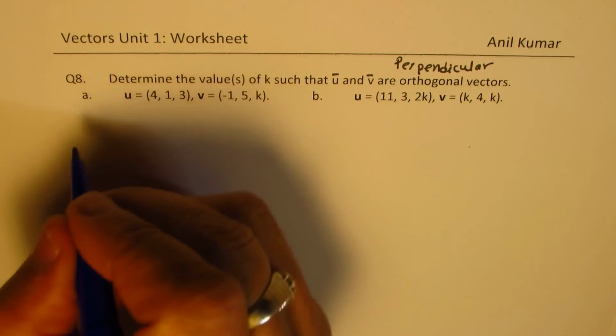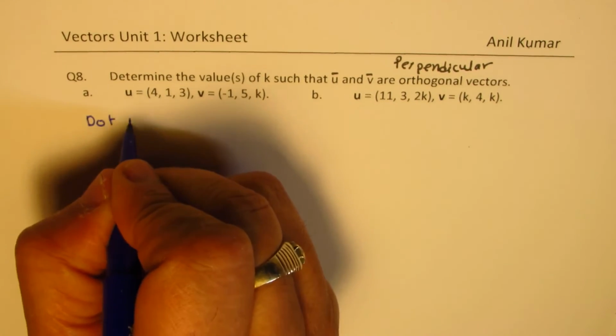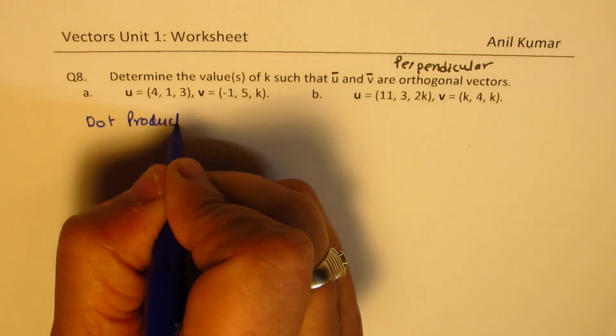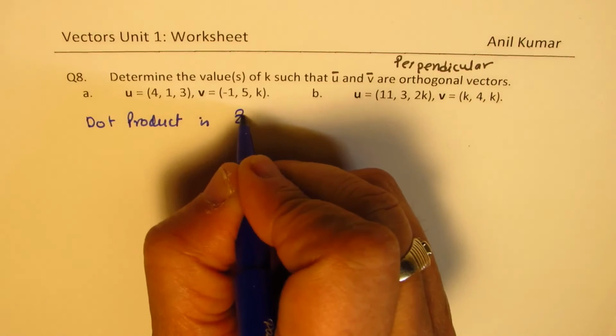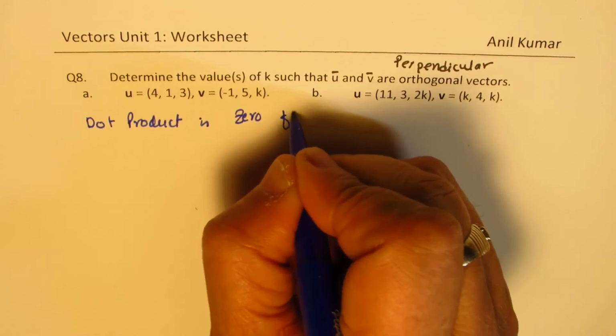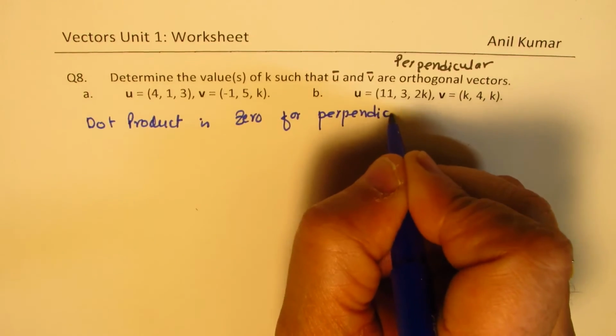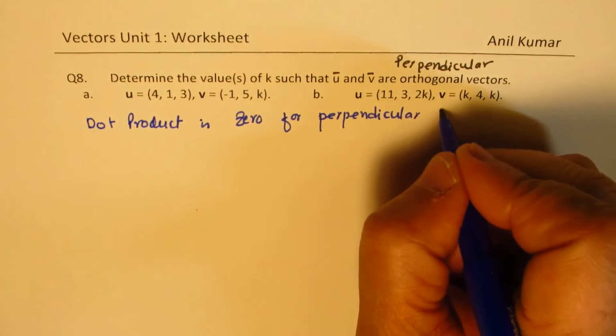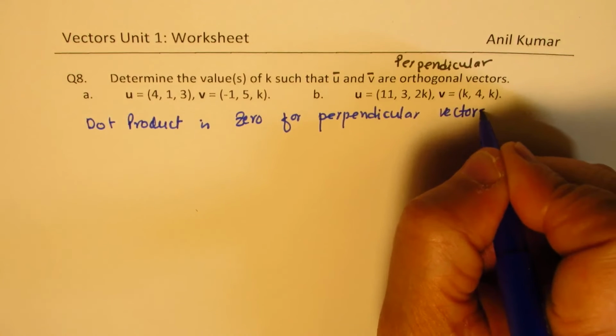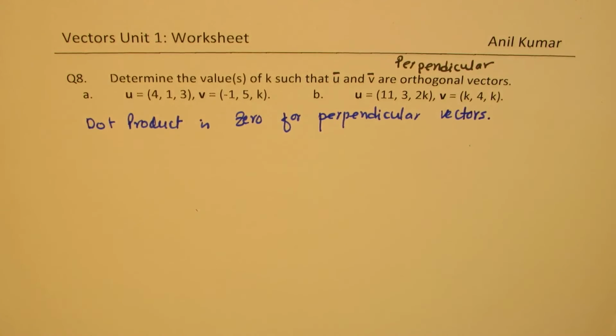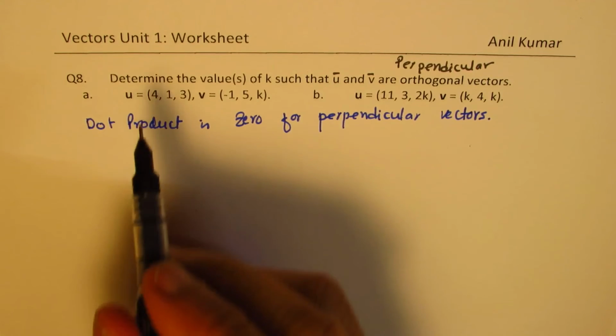So that's a note: dot product is 0 for perpendicular vectors. So that is what you should apply. That should be simple now, so you can actually pause the video and answer this.